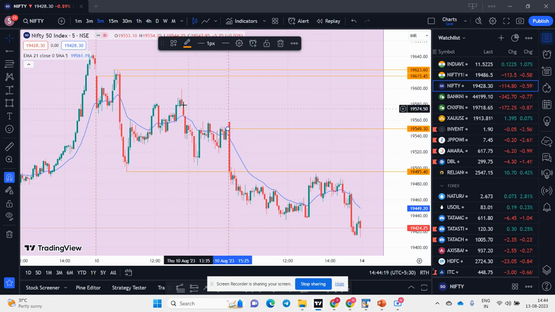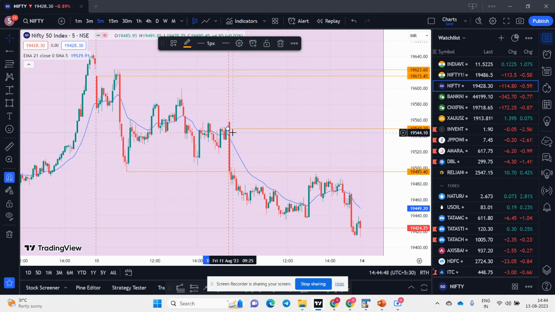Meaning, the first condition is on the 1 hour chart, it should be trading overall below the 21-day EMA. That is the primary condition. For the intraday setup, this 5 minute red candle should trade below one of these lines that we have drawn as resistance, and should also cross and close below the 21-day EMA average in the 5 minute chart as well.